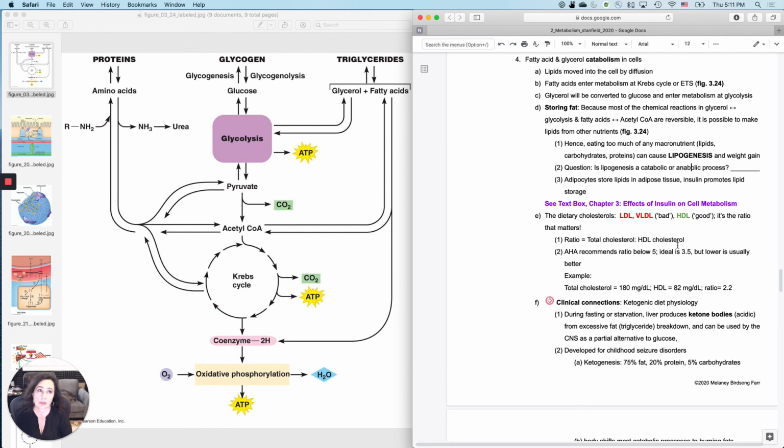It goes into a little bit about how a diabetic's metabolism is going to favor things like glycogenesis and lipogenesis and those kinds of things. I will stop there, and then I'll do the dietary cholesterols.